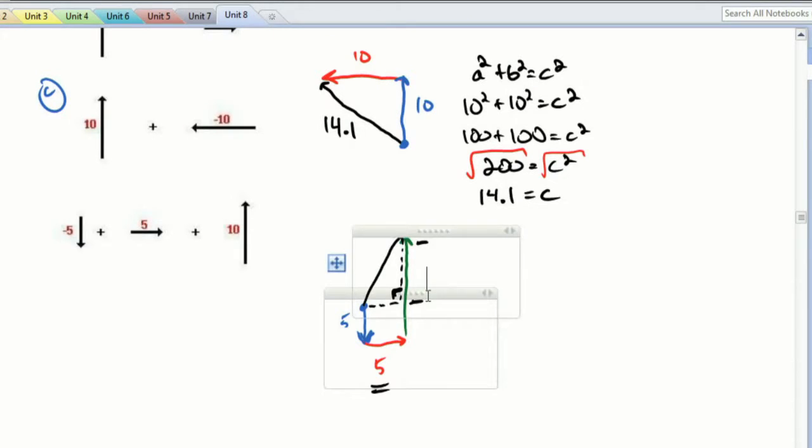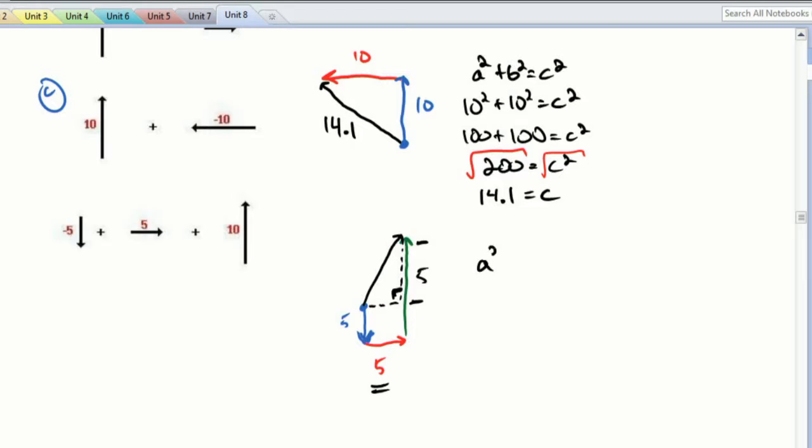What's just that little bit that I have up at the top there? How long is that? Well, I went down 5 and then I went back up 10. So this little bit in here is 5. Perfect, Taylor, you got it. All right, so I can write in a 5 here.